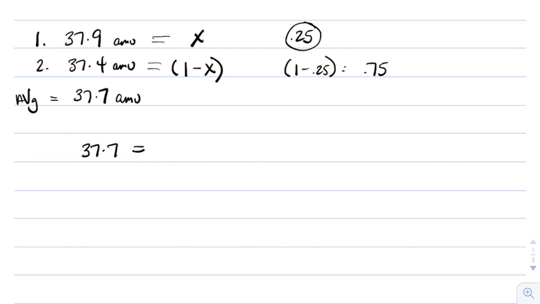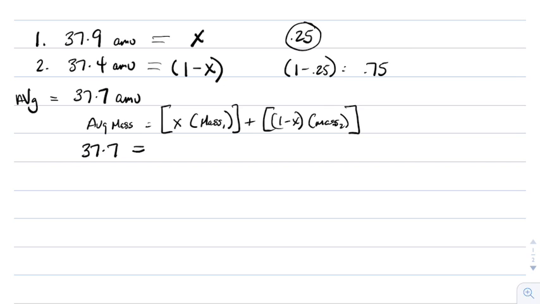And so if I look at this, I'm going to say, all right, the average mass is equal to X times the mass of 1 plus 1 minus X times the mass of 2.